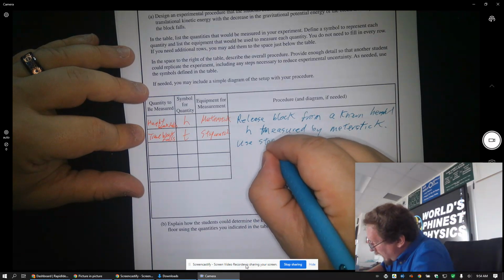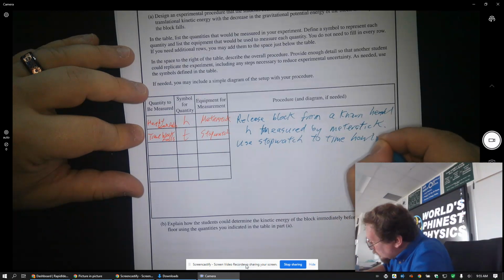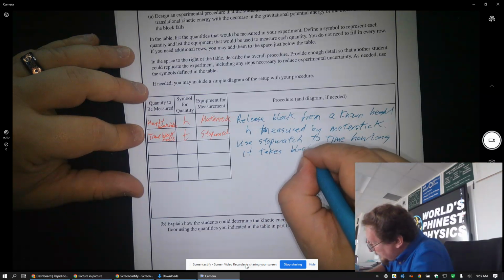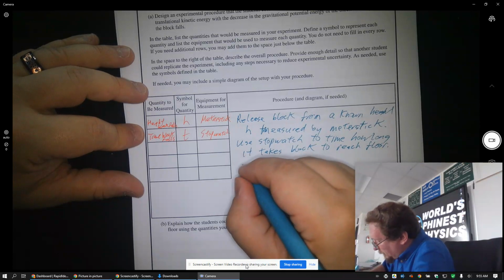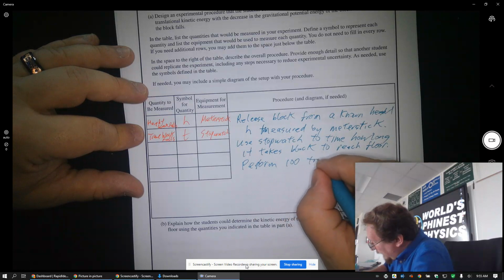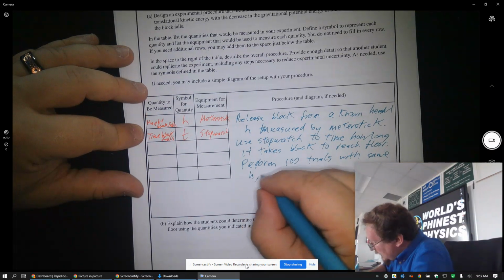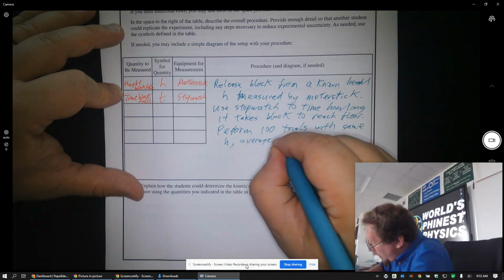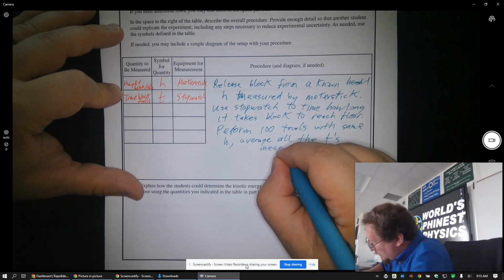Use a stopwatch to time how long it takes the block to reach the floor. Perform 100 trials with the same H. And what are we going to do? We're going to average all the T's measured.